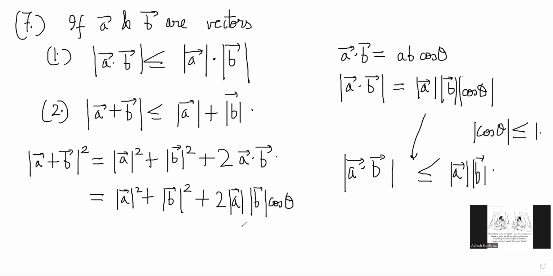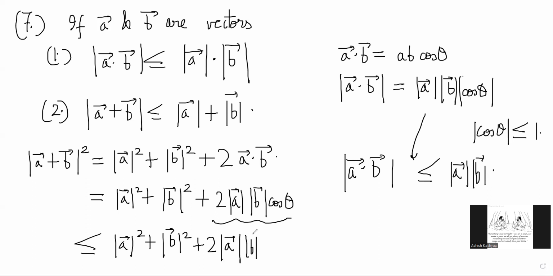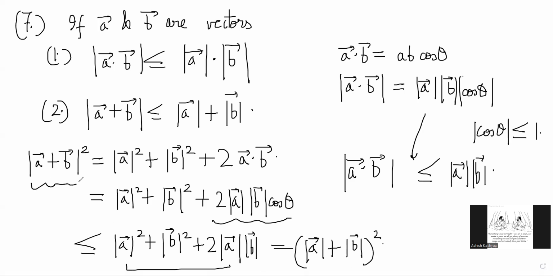So clearly this part will be less than or equal to 1. So this will be less than mod of A square plus mod of B square plus 2 times mod A mod B, right? Because cos theta is less than 1, and this part is equal to mod of A plus mod of B whole square. So what we are getting is mod of A plus B whole square is less than mod of A plus mod of B whole square.